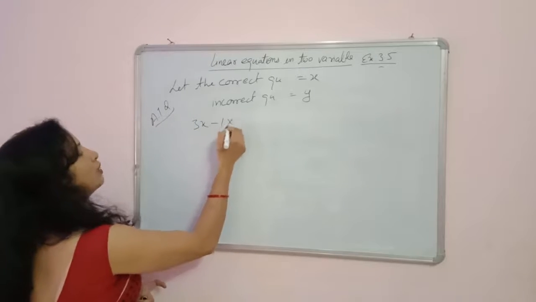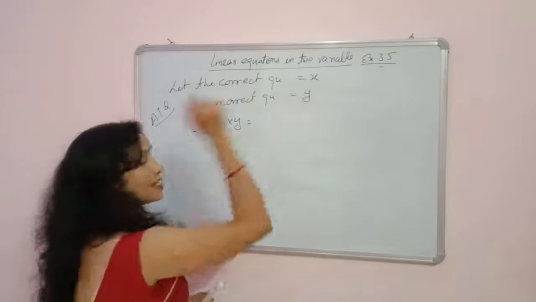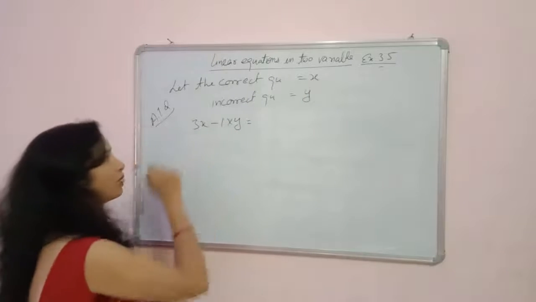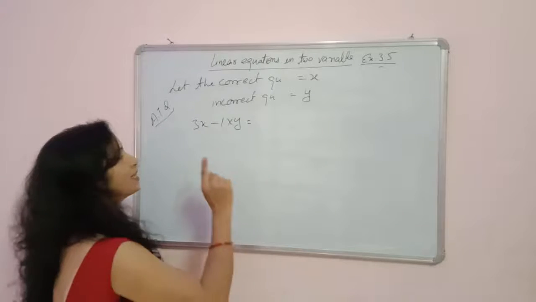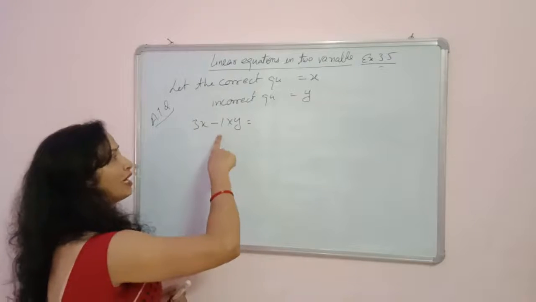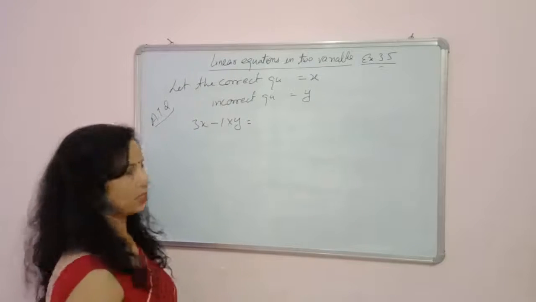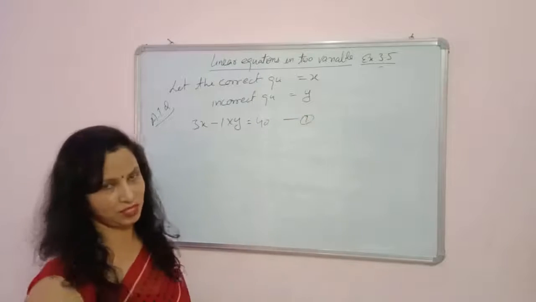So for x correct answers he gets 3x marks, and minus 1 into y for y incorrect answers. Now the score of Yash is 40 marks. This is the equation first.